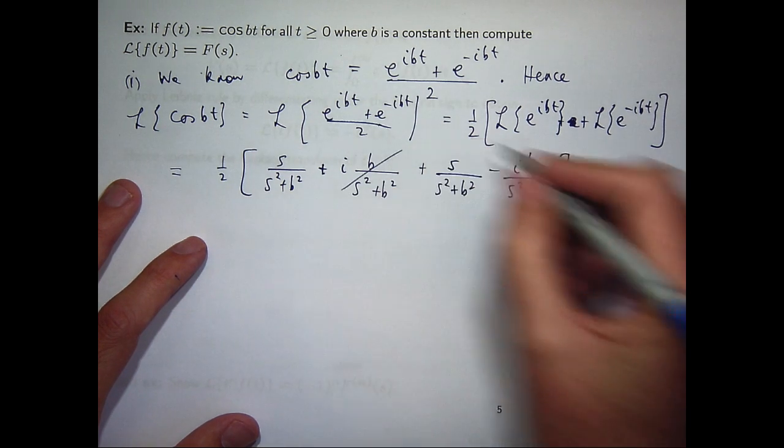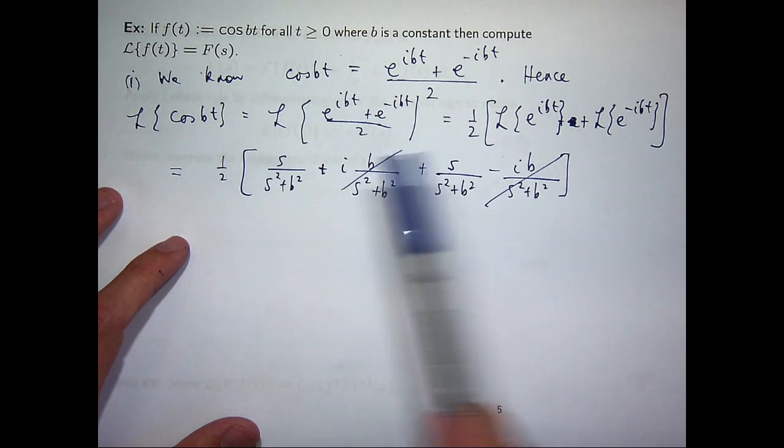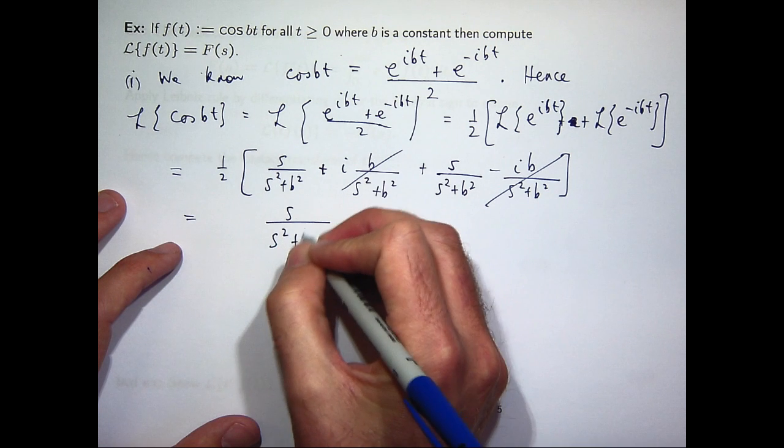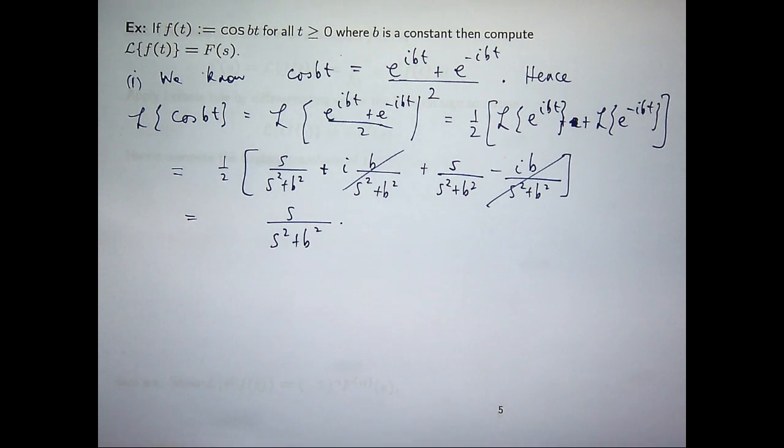So you can see terms cancel, and that is the Laplace transform of cosine bt. That's one way of doing it.